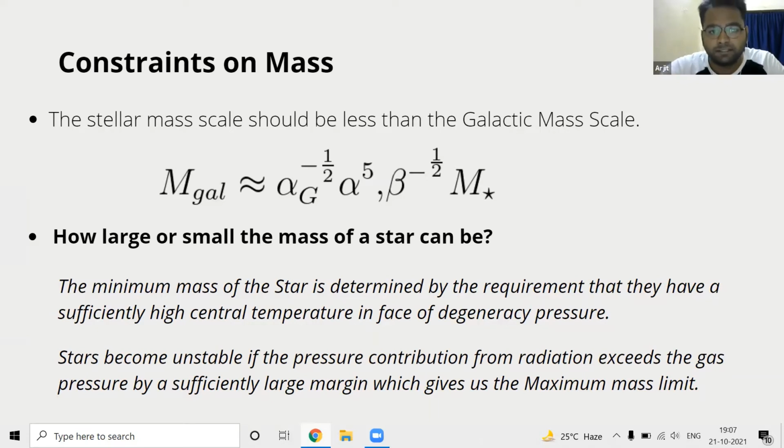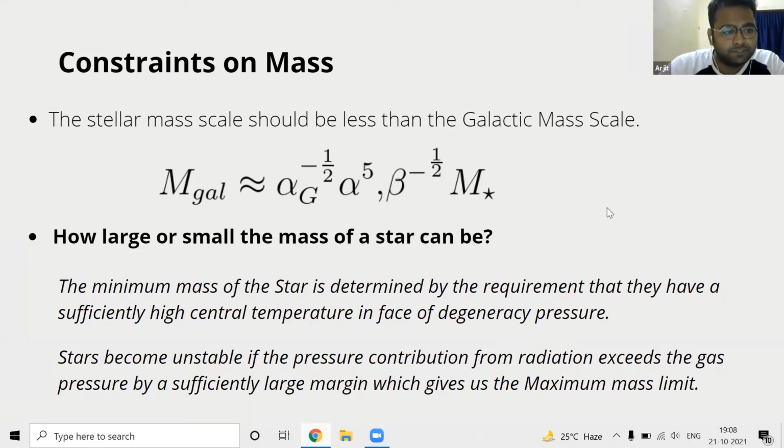For that, the galactic mass, as seen in this constraint, is approximately equal to alpha_G to the power minus half times alpha to the power 5, which is approximately equal to beta to the power minus half times M_star. M_star is the average stellar mass.